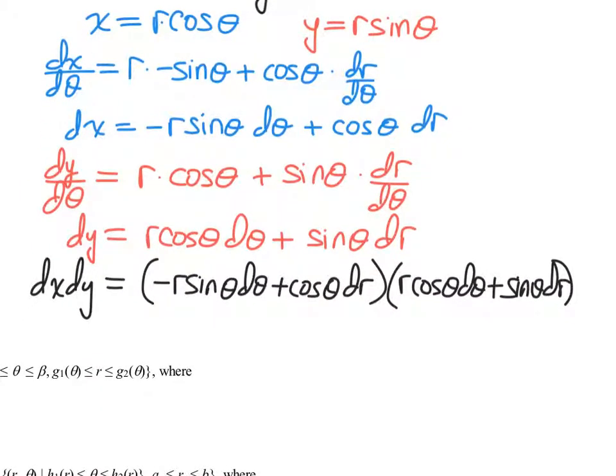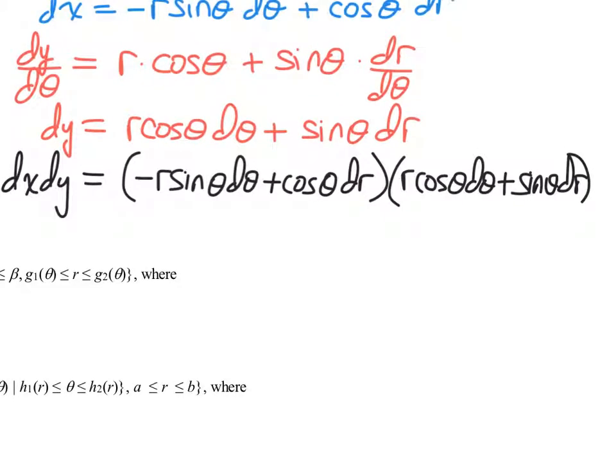So a little distributive property. A lot of distributive property. So negative r squared.